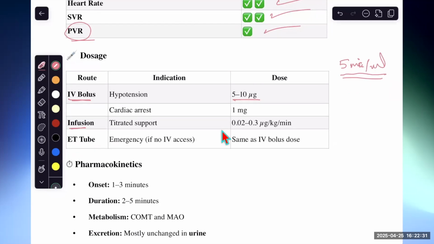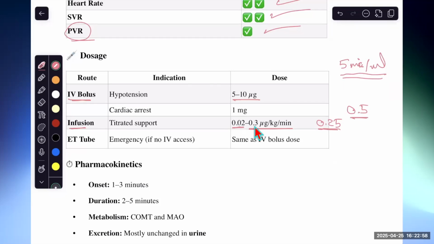Then for infusion, usually we start with 0.01, 0.02, and increase up to 0.3. By the way, this 0.3 is different from center to center. Some centers say keep it 0.25, don't increase, and start searching for other things. I've seen some centers say no, up to 0.5 you can increase. So follow the protocol of your institute.